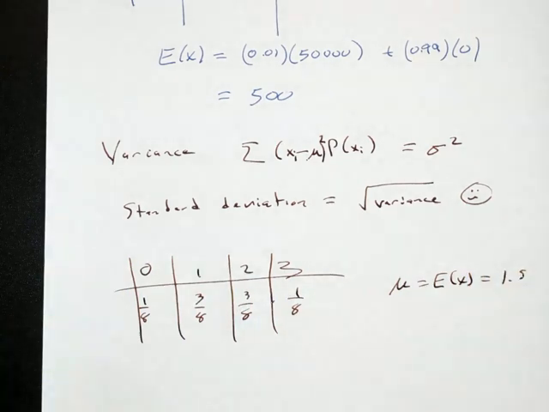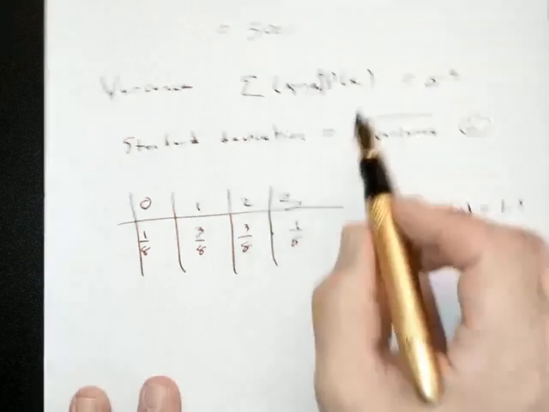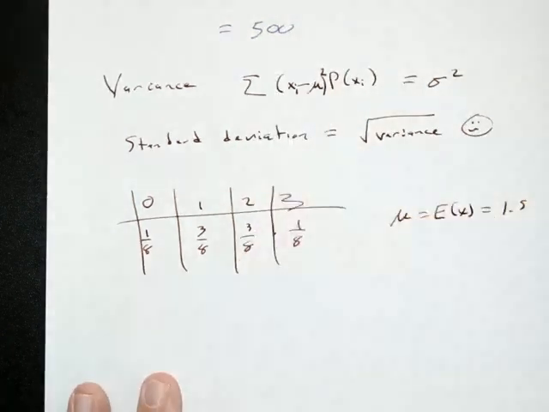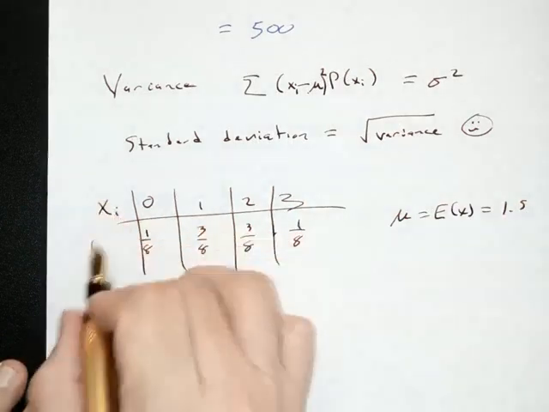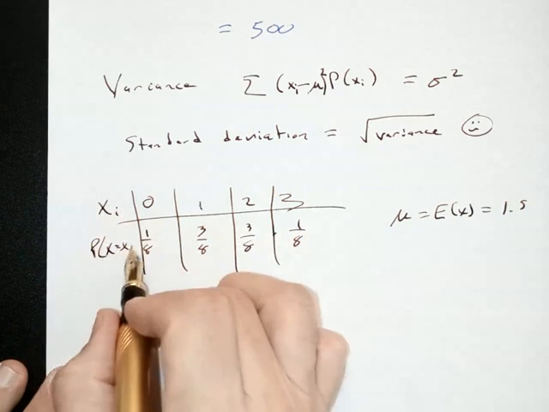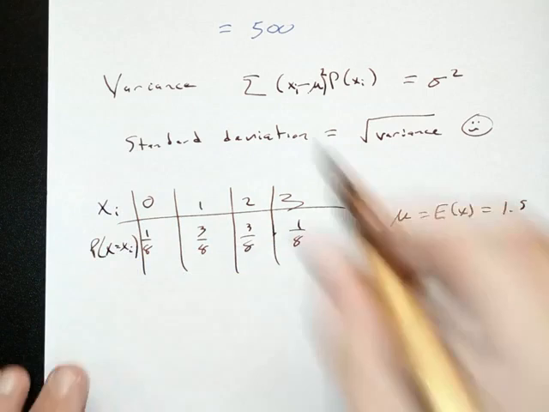So if I want the standard deviation for this particular setup, I'm going to build this. For each number, because these are my xi's and these are the probabilities, I'm going to subtract the average.